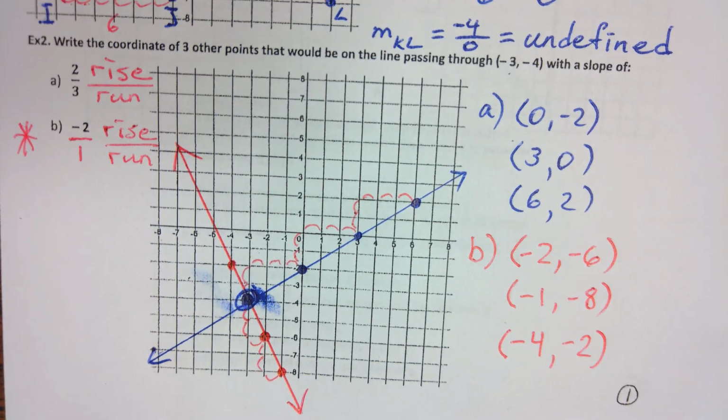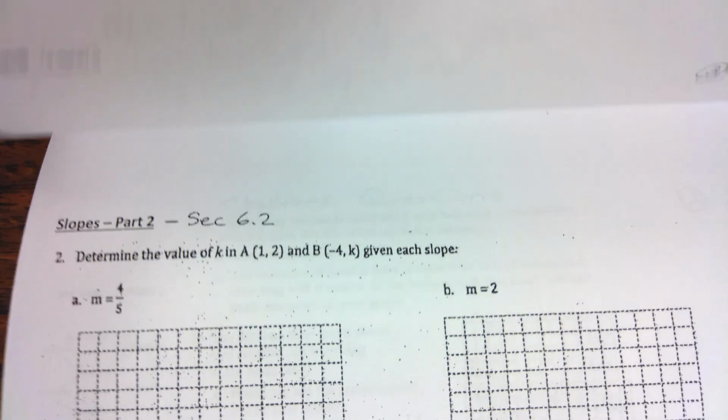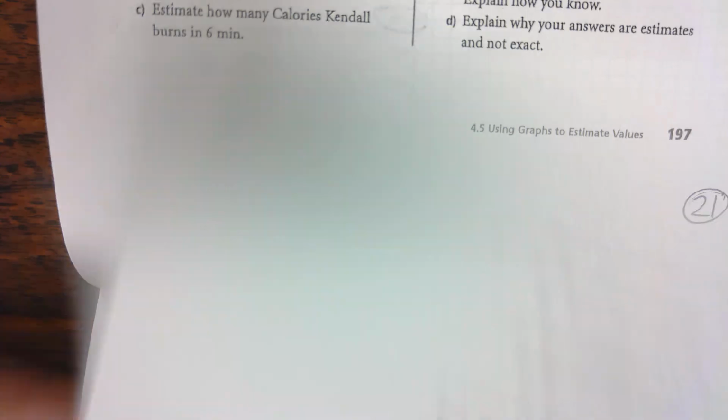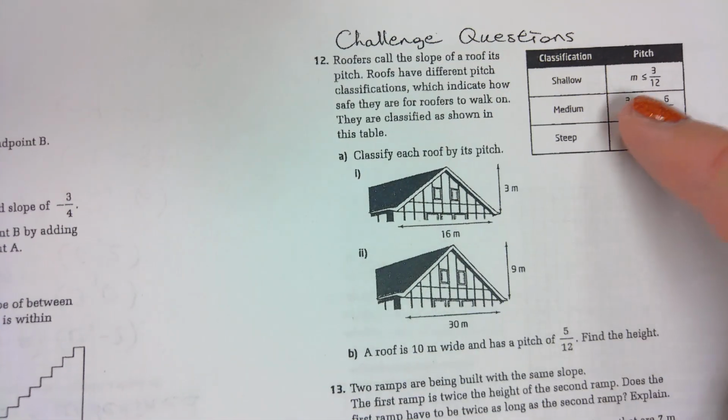All right, so this is one of the major things you need to know for grade 9 math. It's slope. There are quite a few slope questions that I do want you guys to practice. So it's page 2 and 3, number 1 to 11. And if you are done all those and you want to challenge yourself, I have some more challenging questions on page 3.